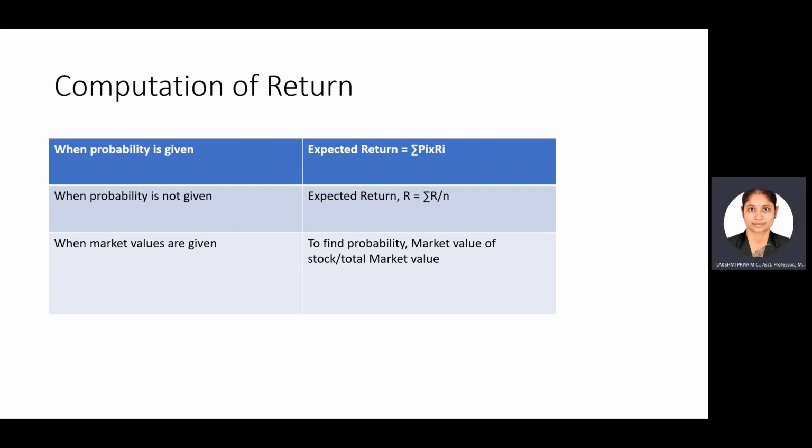Just understanding the nature of risk is not adequate unless the investor or analyst is capable of expressing it in quantitative terms. Expressing the risk of a stock in quantitative terms makes it comparable with other stocks.